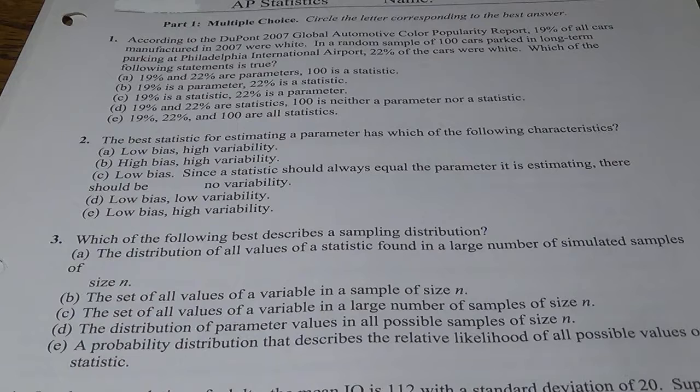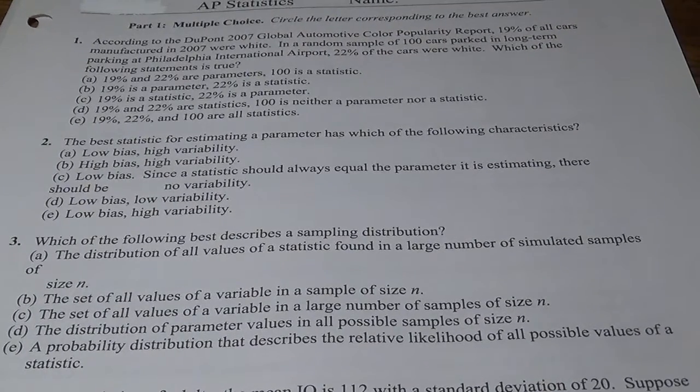And D, the distribution of parameter values in all possible samples of size n. Well, we're not going to graph parameters in a sampling distribution. It's going to be from the sample, so it's going to be a statistic. So shy away from D. Let's hope we don't have to shy away from E.